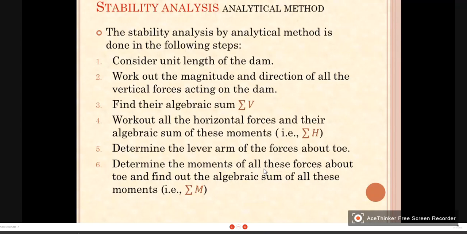After observing the forces, we take the vertical forces, and then we work out the horizontal forces, taking the algebraic sum of horizontal forces, which include the self weight of the dam and a few other forces. Determine the lever arm of the forces about the toe, then determine the moment of all these forces about the toe, and find the algebraic sum of these moments, which is sigma m, the sum of all the moments on the dam.